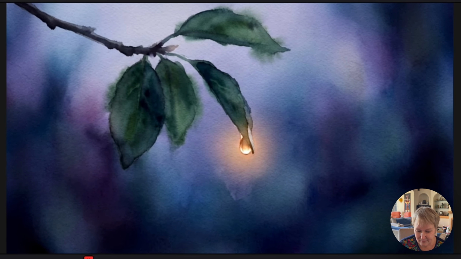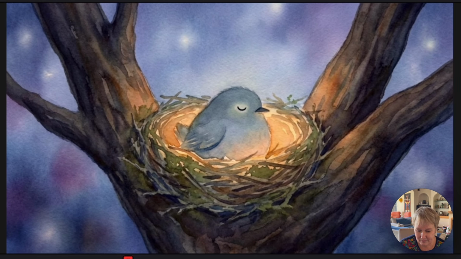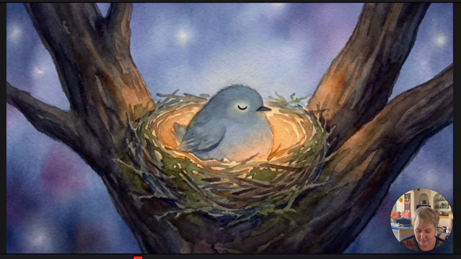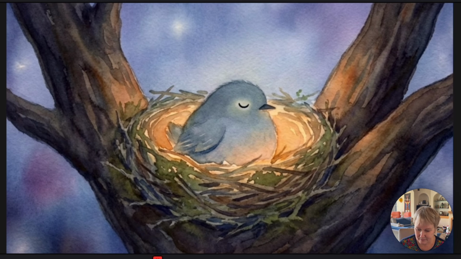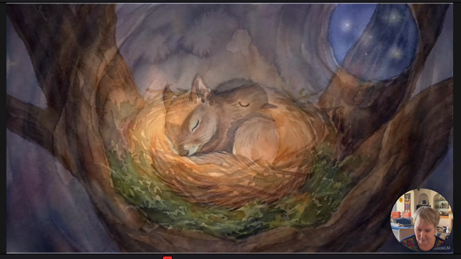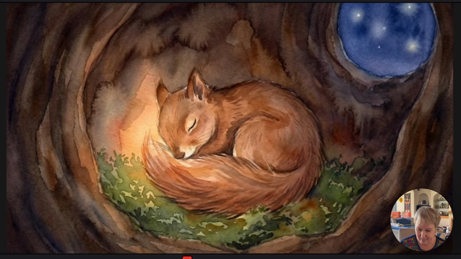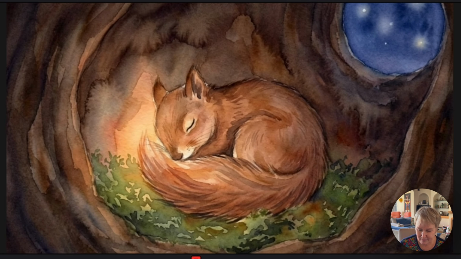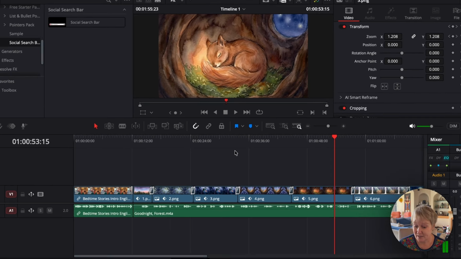They're sleeping. They're all peaceful and quiet. The little bird comes home to his nest. He closes his eyes. He's warm and cozy. The squirrel curls up in a ball. So soft, so small.